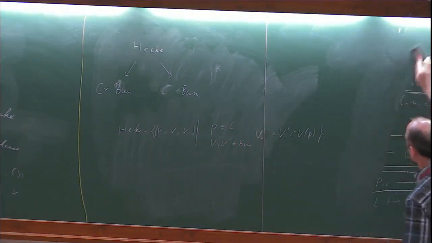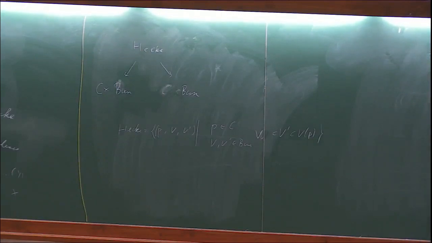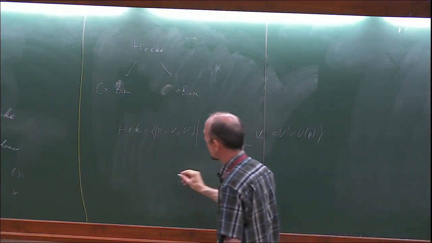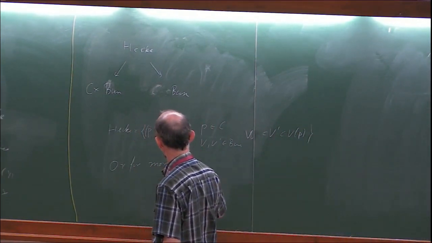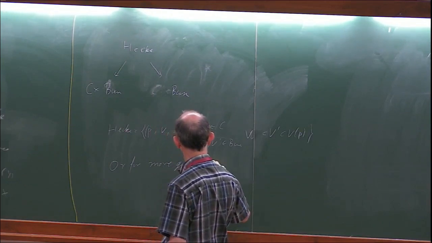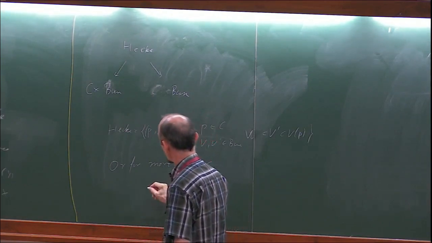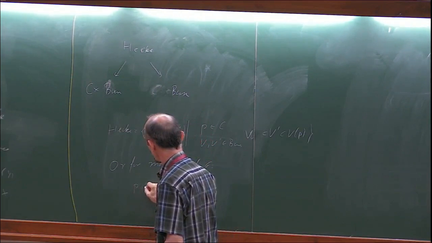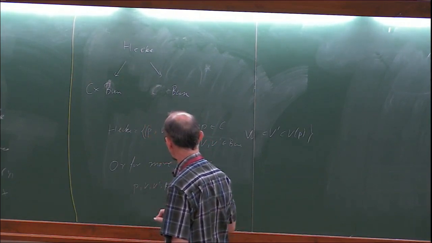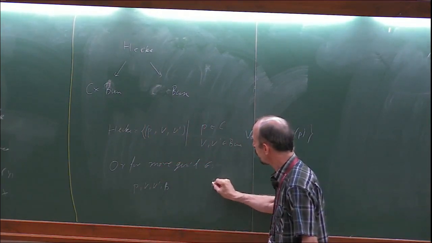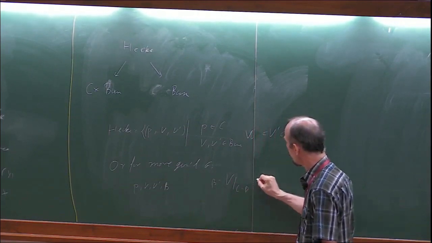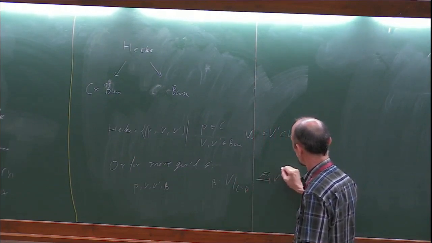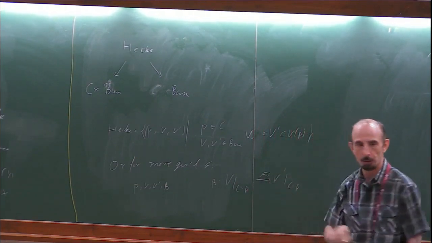Maybe I'll just give a quick outline of what you need, and I'll leave it for you to think about. For more general G, you want really quadruples, P, V, V prime, and beta, where beta is an isomorphism from V restricted to C minus the point to V prime restricted to C minus the point.